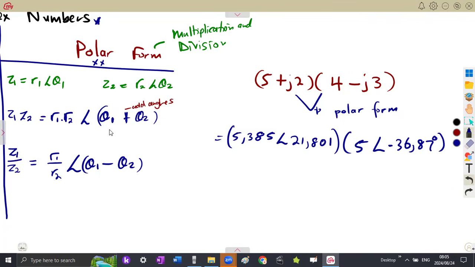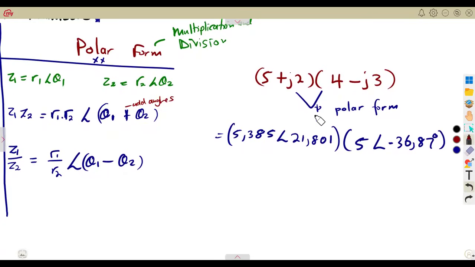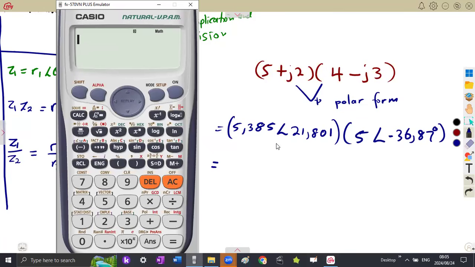So meaning to say, once it is in polar form, as we saw, the numbers can be multiplied together. This is what we understand about the polar form now. So you are simply going to multiply the numbers. This is very important, as you are going to be having these steps.